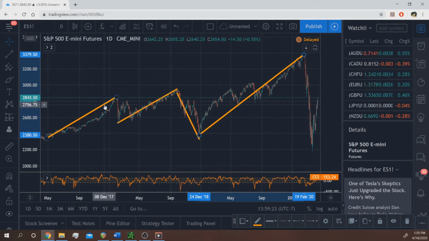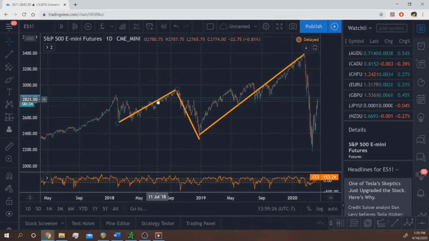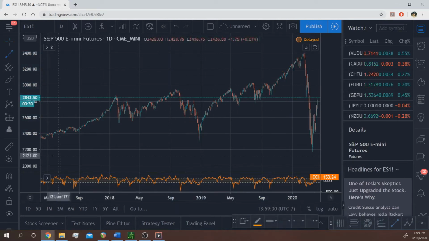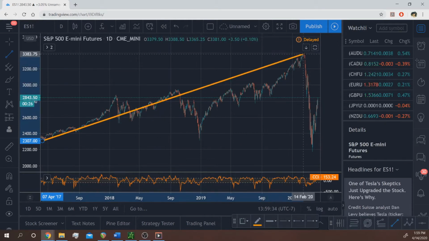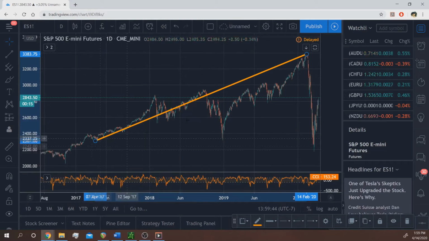Even if we look in a greater sense, we're noticing these little mini trends. Look at what's going on right here. There's one big, long uptrend that the market has been going along, a general movement in the direction of the market. So we can label this a very strong uptrend.